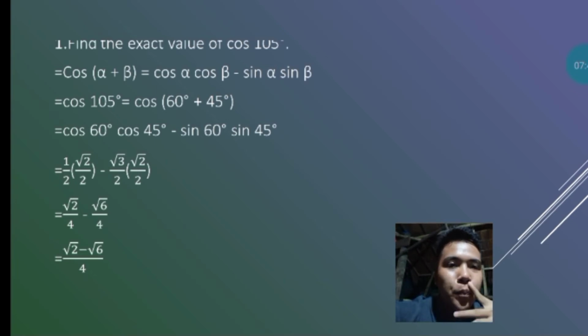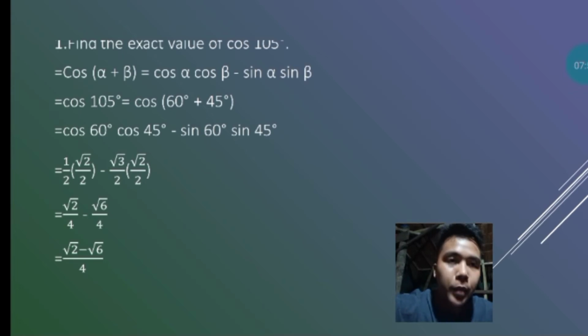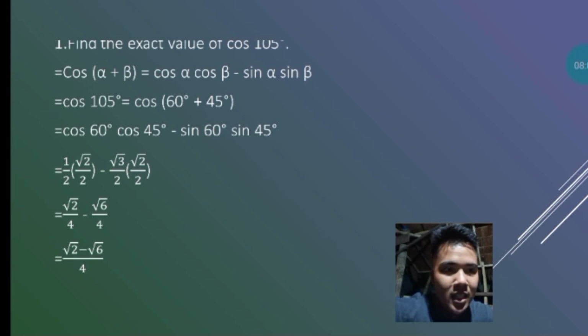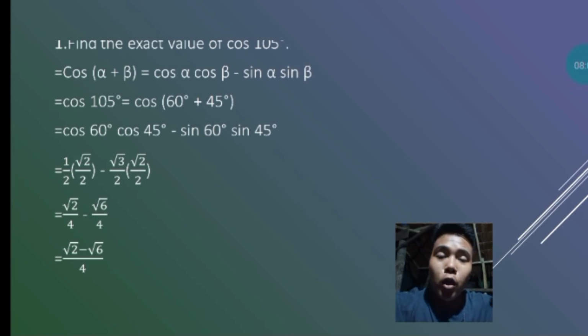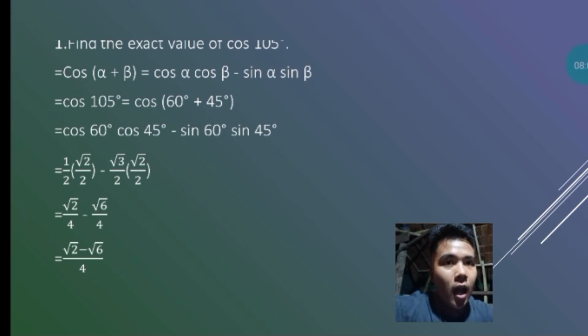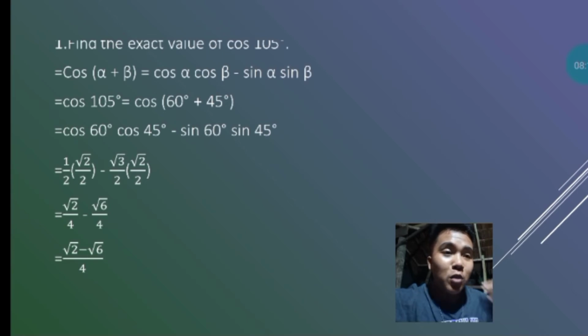Okay. So in this portion, the value of A would be 60 degrees and the value of B would be 45 degrees. So you use a cosine formula in which you add. So meaning, if you add, in the next operation you are going to subtract.